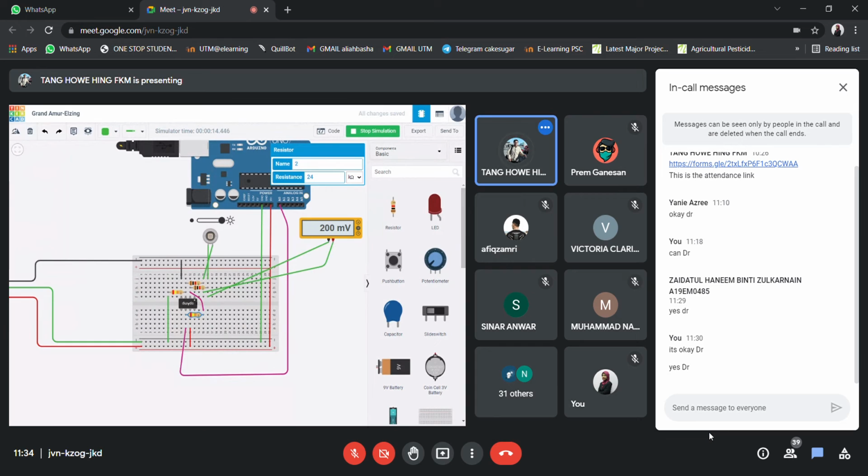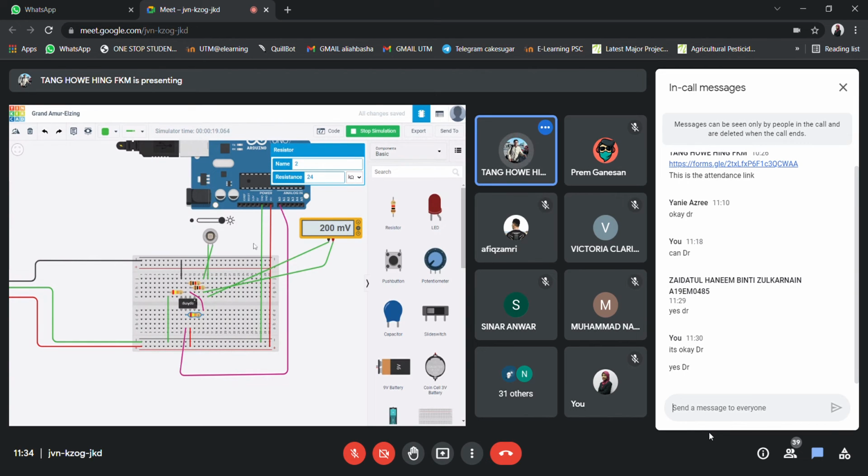Since there is a reduction of the voltage, initially without connecting to here I get 0.4, and now after I connect, I get 0.2 volt, it means that I need to multiply by 2. So that's why the gain, instead of 12, right now I multiply by 2, 12 times 2, so I get 24.